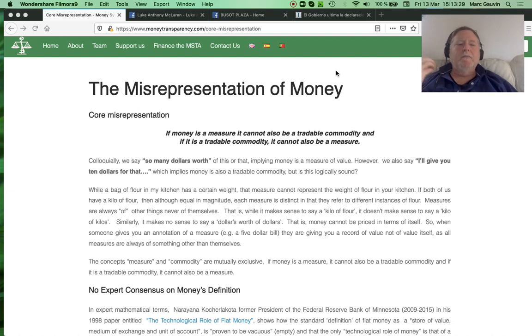If money is a measure, it cannot also be a tradable commodity. It can't be subject to supply, demand, unit price, all that stuff. And if it's a tradable commodity, it can't be used as the standard measure of all things. It can't also be a measure. So there's a lot of subtle confusion there, based on people's lack of technical rigor or understanding of basic concepts.